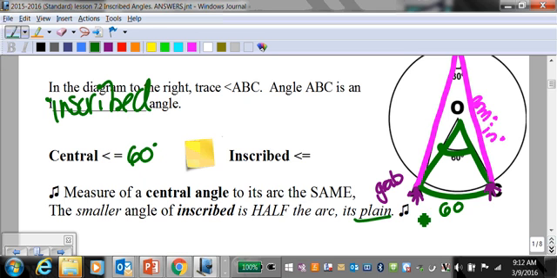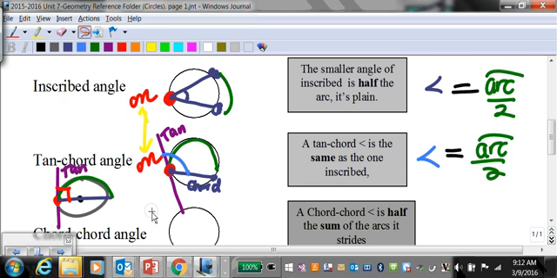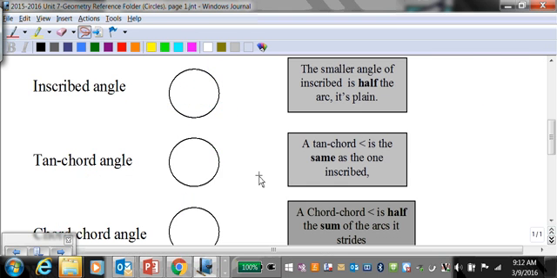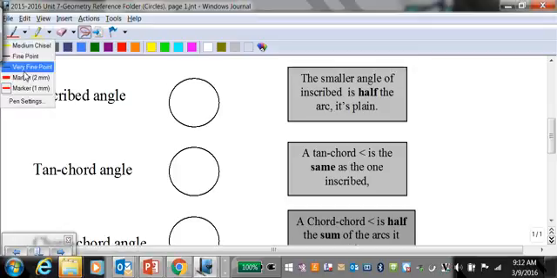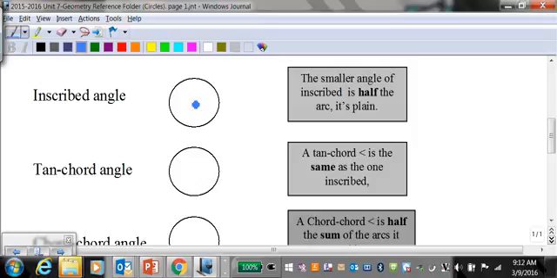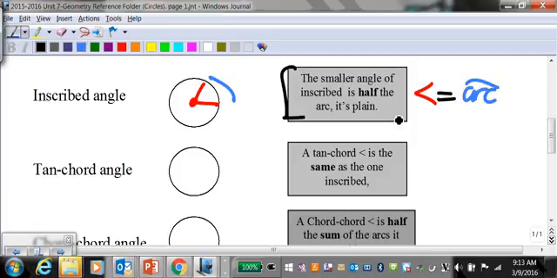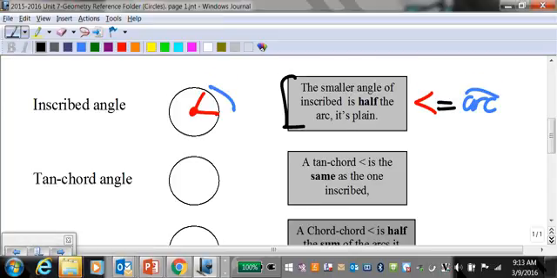Let's summarize this in your reference booklet. Okay, so we learned last class that the angle equals the arc. Hang on, I'm putting that in the wrong place.